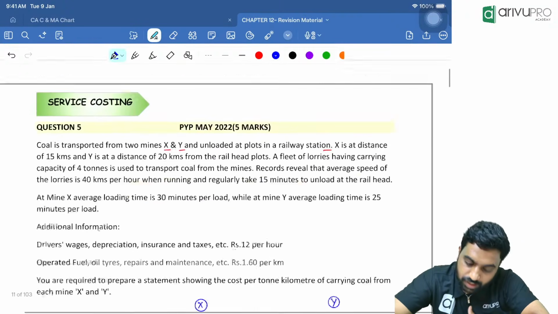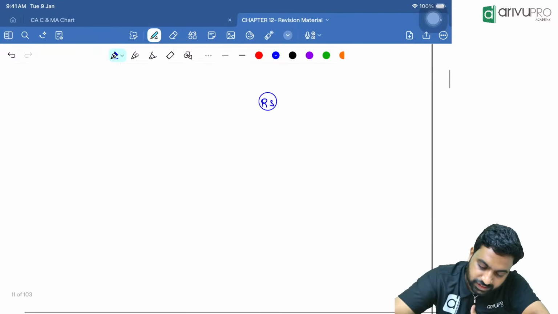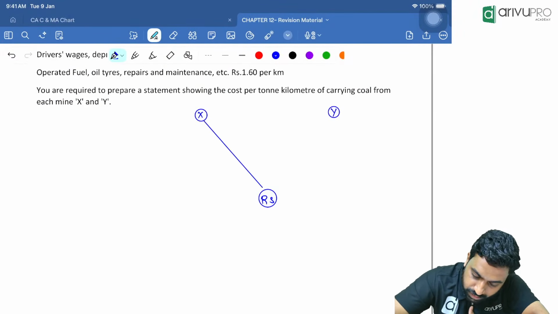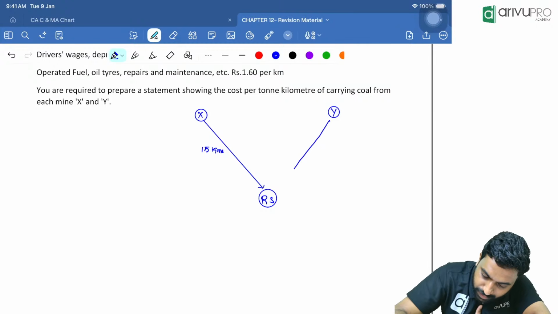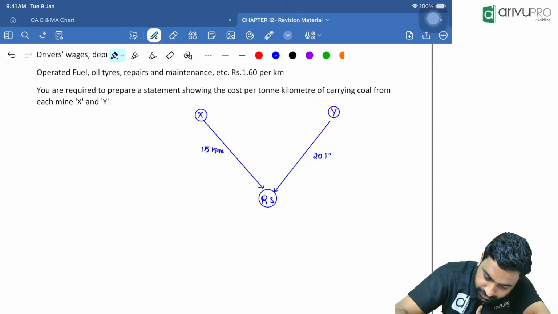X is at a distance of 15 kilometers, Y is at a distance of 20 kilometers from the railway station plot. So X to railway station distance is 15 kilometers, Y to railway station distance is 20 kilometers.